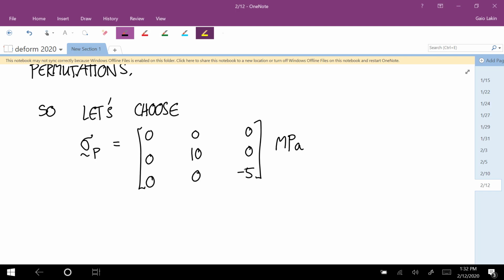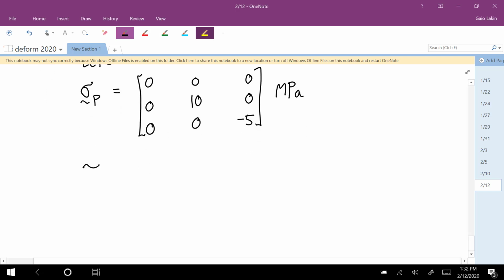So now we want to calculate the maximum shear stress. The maximum shear stress is the maximum principal stress minus the minimum principal stress, divided by 2. So that's 7.5.